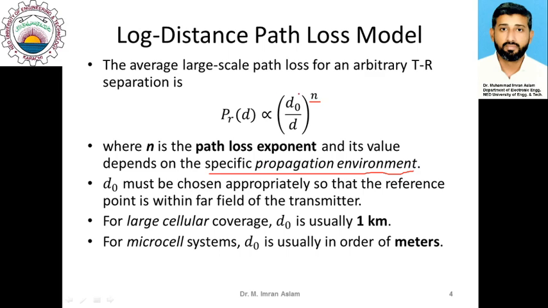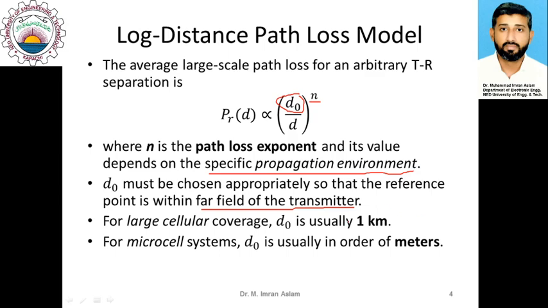This d naught, which is represented here, is the reference distance, which we have previously discussed for both free space as well as the two-ray ground reflection model. As we know, it should be chosen in such a way that it exists in the far field region of the transmitter.